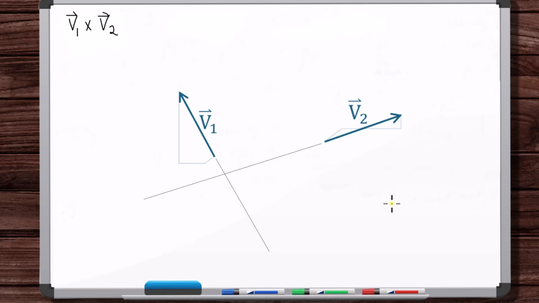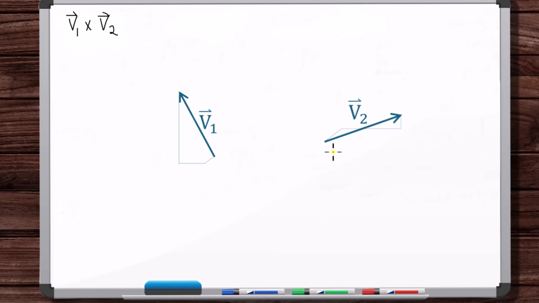Now, if you think about it, when it comes to the axis of rotation of some sort of rotational phenomena, that axis is going to be perpendicular to the plane containing the actual physical phenomena that's taking place to cause the rotation.